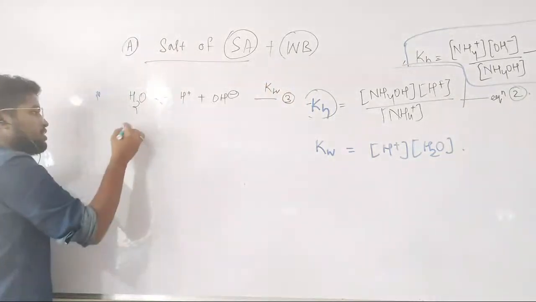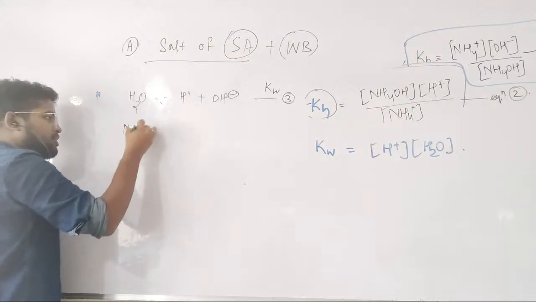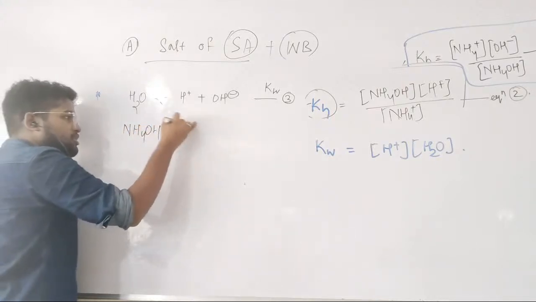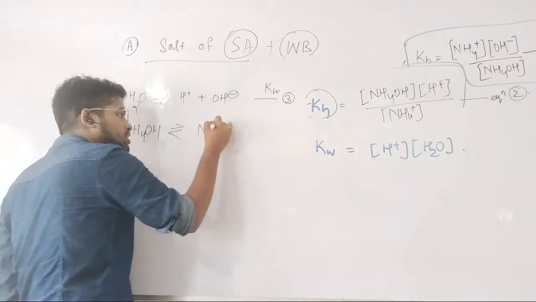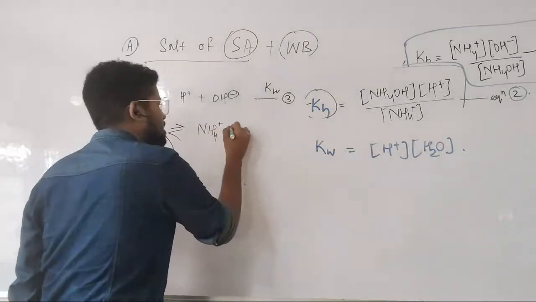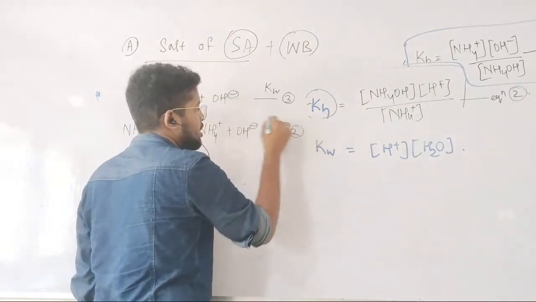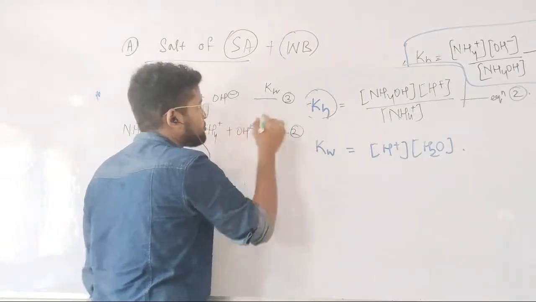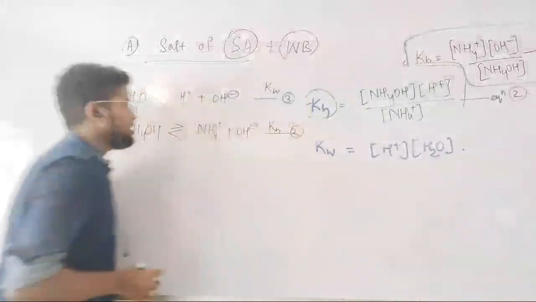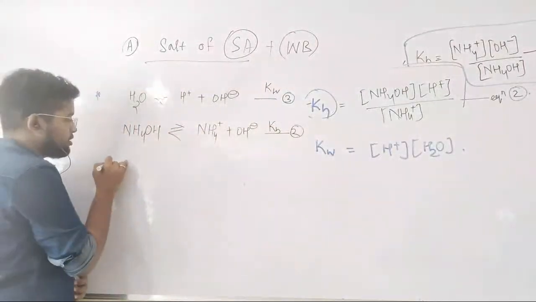Then what was the second equilibrium? The dissociation of weak base, NH4 plus and OH minus. This was also giving us equilibrium constant as Kb. Then what was the parent reaction?